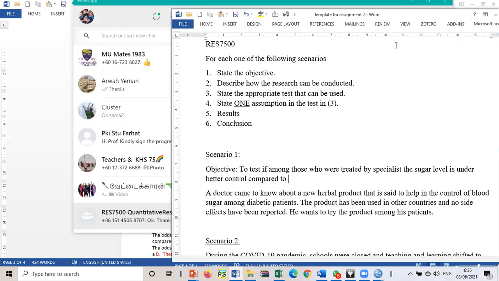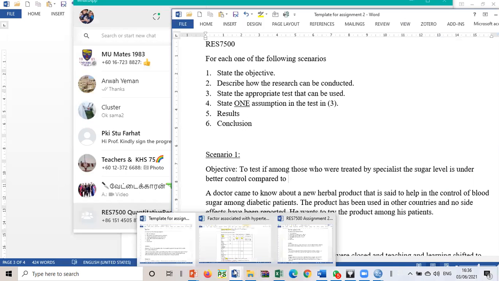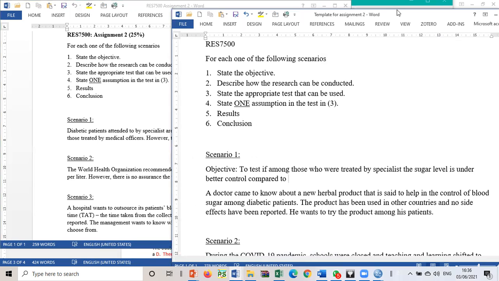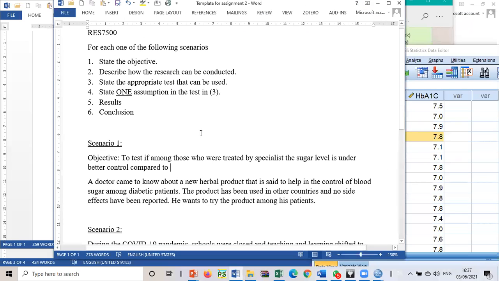Template. Okay. Compared to those who were treated by medical officers. All right.